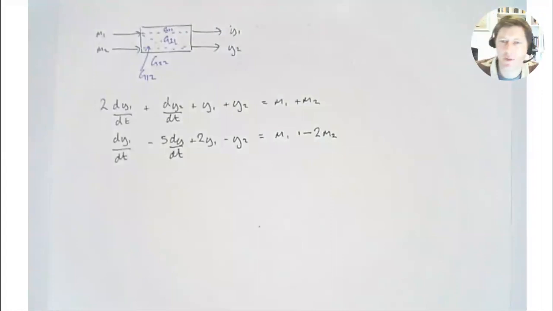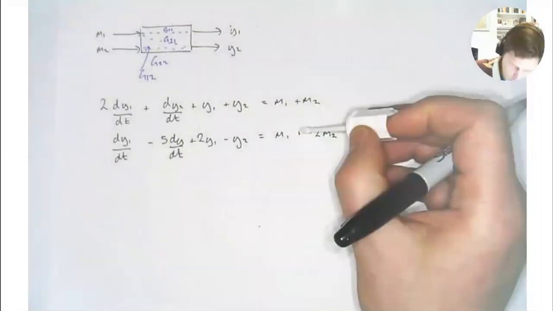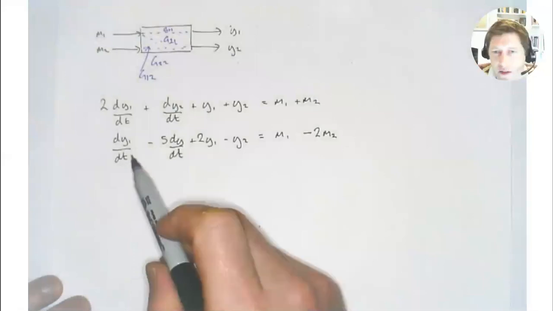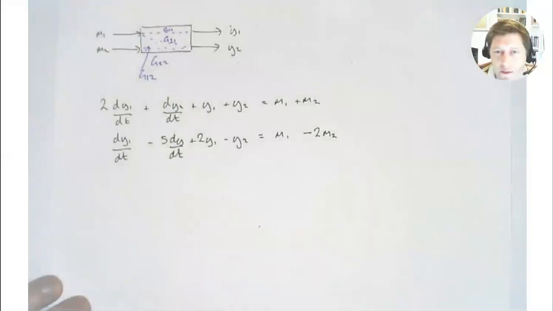Okay, so we've got two differential equations. What sort are they? They're linear, and they're ordinary, and they're first order. And so we want to do our control analysis to this.